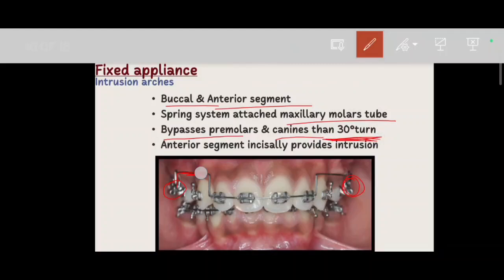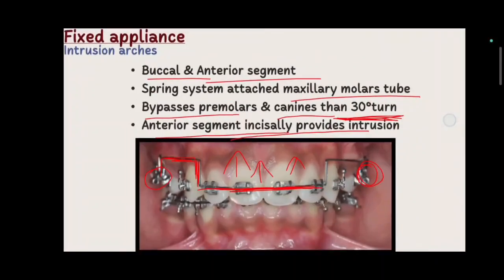The anterior segment provides intrusion to the incisors. So the wire directly applies force on the anterior teeth for intrusion.